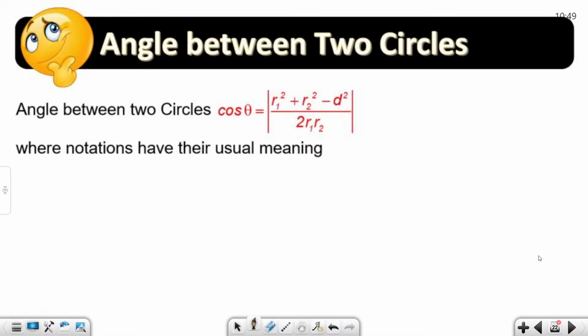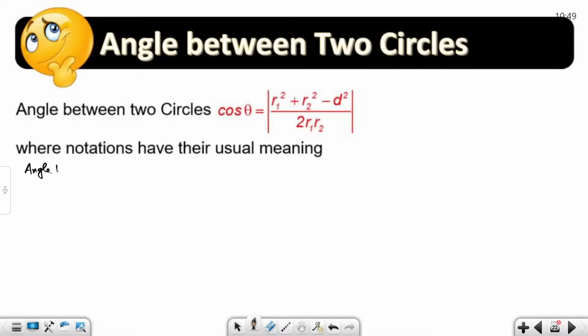So the angle between any two curves is basically the angle between the tangents at their common point of intersection. I am considering circles here because we are considering circles, but it is true for all curves.